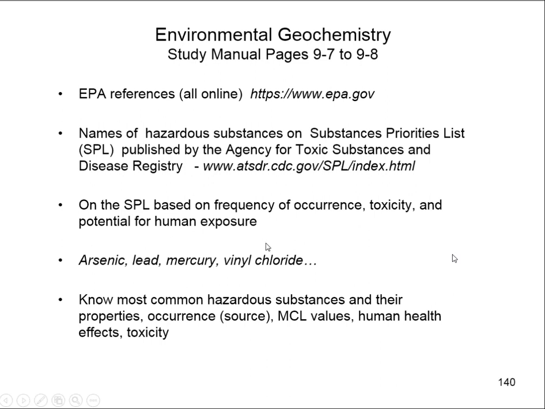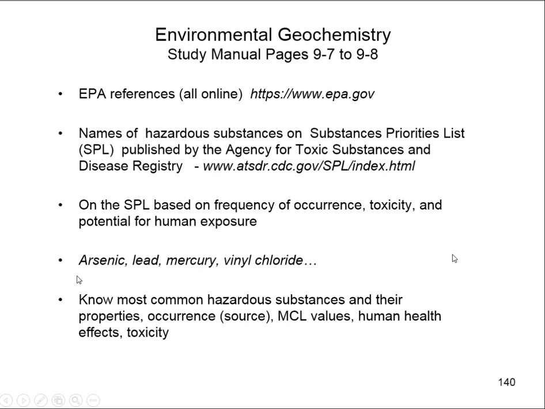So based on these 3 criteria, number 1 is arsenic, 2 is lead, 3 is mercury. So if you're thinking about man-made chemicals, the first 3 things on here are naturally occurring. And we will see tomorrow in the economic section, these are pretty important as we're looking for ore minerals.